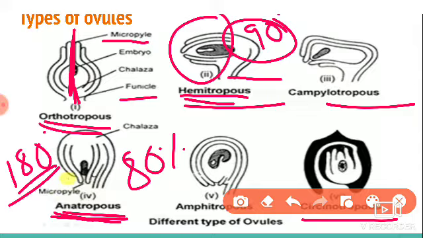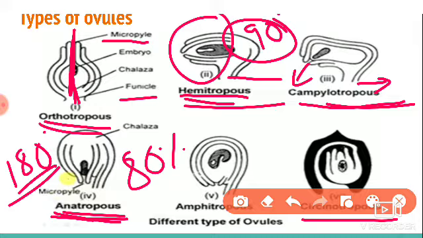After this, the next one is the campylotropous ovule. It is also around 90 degrees or more, and slightly curved. Here is the funicle, and this is the micropyle. But in the campylotropous ovule, a small bending can be observed in the region of the micropyle. The micropyle is not at exactly 90 degrees, it is somewhat bent downwards.